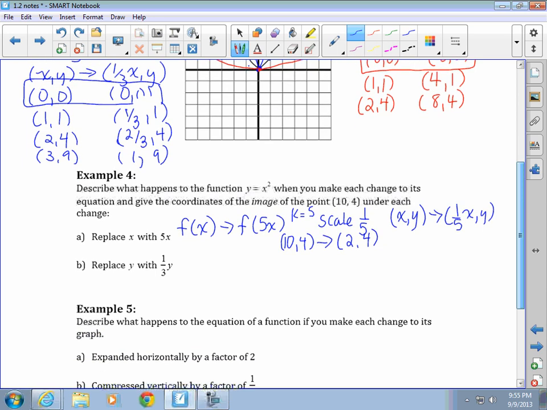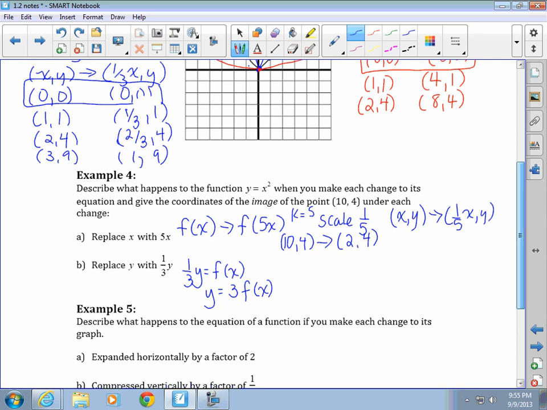If we replace the y with a 1/3 y, so what they're saying in this one is we're going to have 1/3 y is equal to the function of x. So that's like saying y is equal to 3 f of x. So all I did was multiply both sides by 3 to get rid of it on the y.